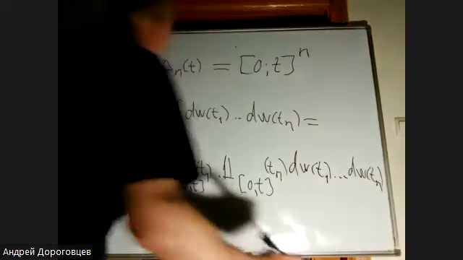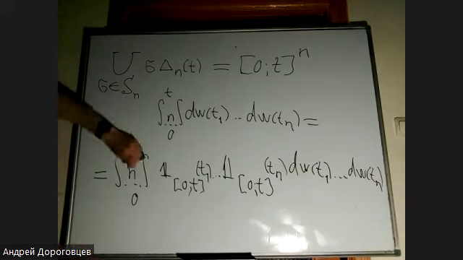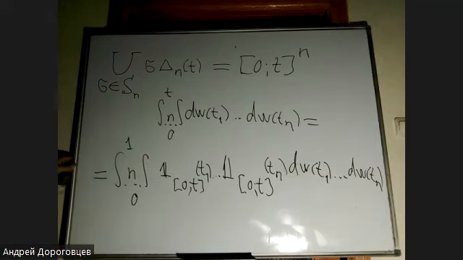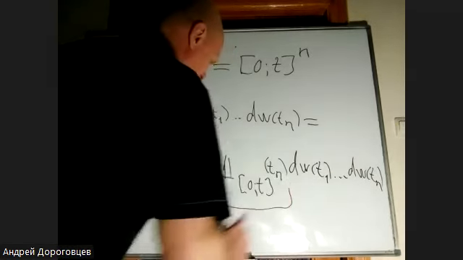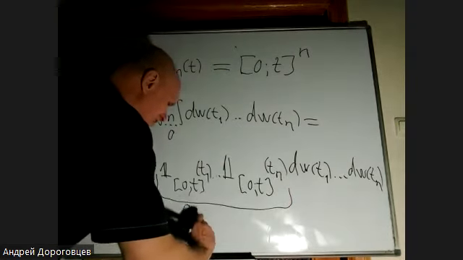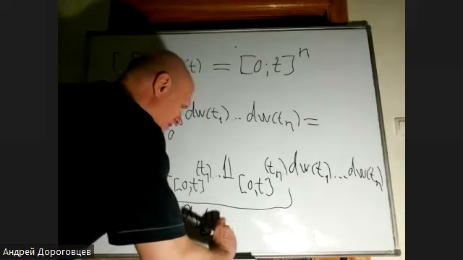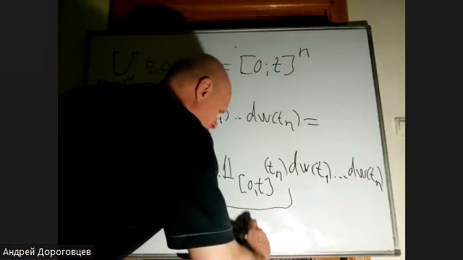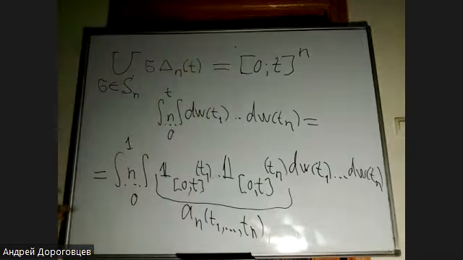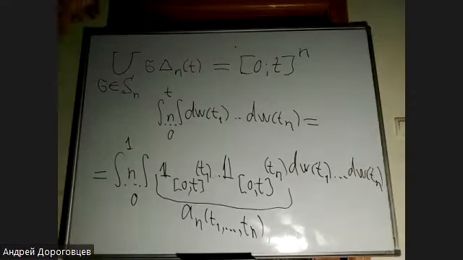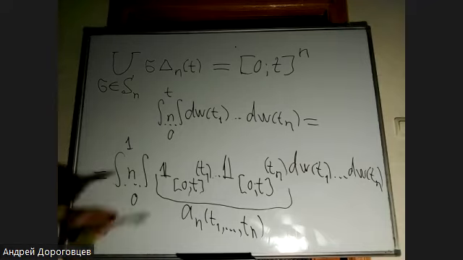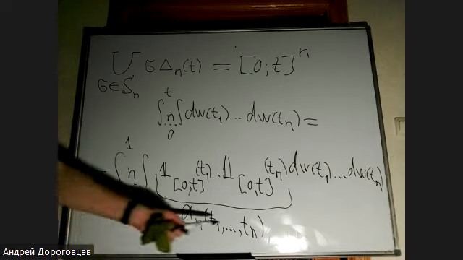And of course, then I can put here 1. Let me denote this by a_n(t1,...,tn). Of course, this is a very simple function of the variables t1,...,tn, but what I just said, it is a symmetric function over all permutations.